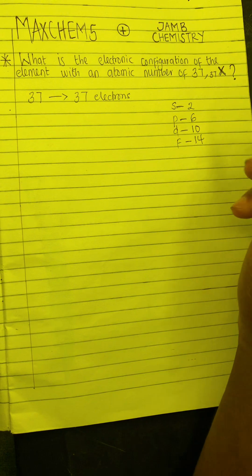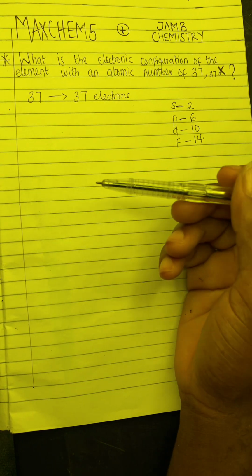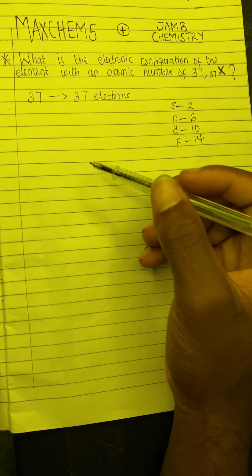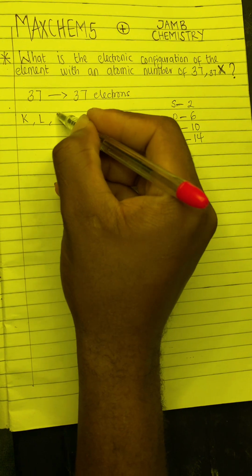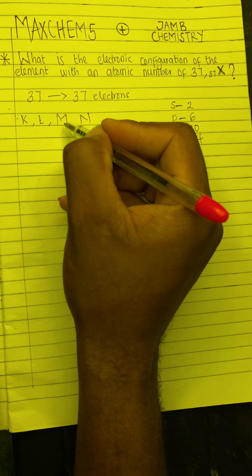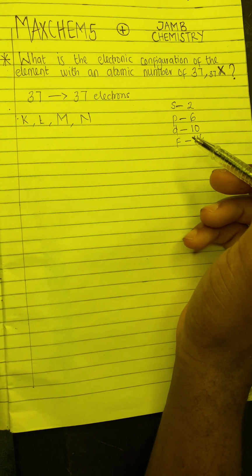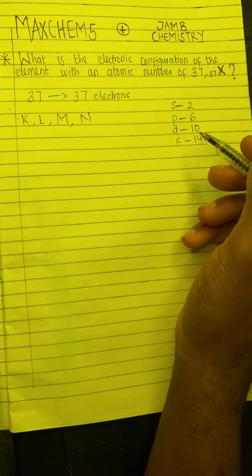So now we want to know how the electrons are divided into the subshells and even the shells. When I talk about the shell, I talk about the principal quantum number, that is the K, L, M, N shell. That's our first shell, second shell, third shell, and so on. So now I want to give you a simple diagram that you can use to get your electronic configuration, that is using the Aufbau principle, right?